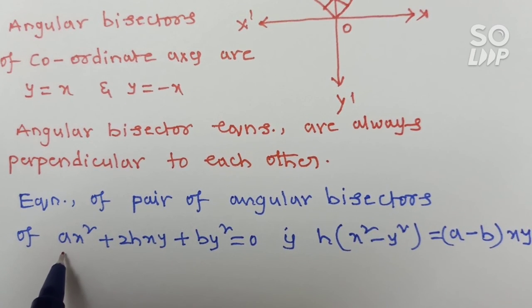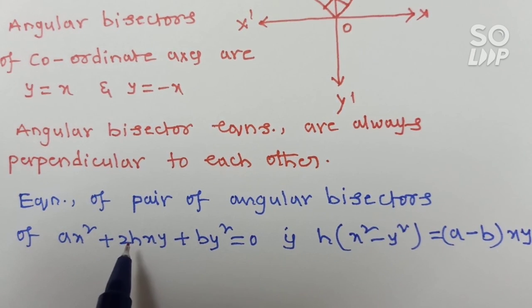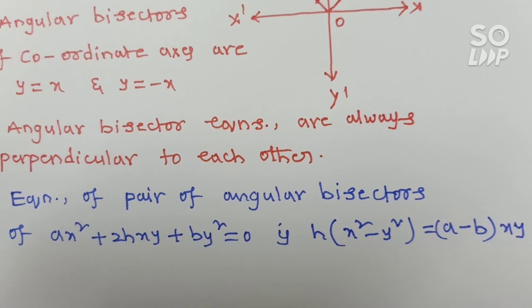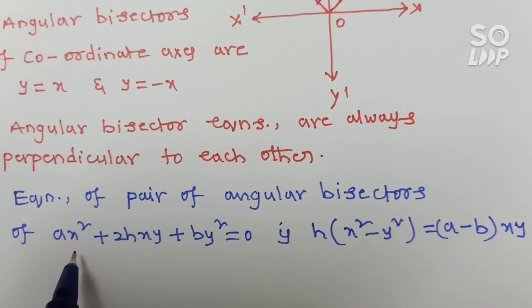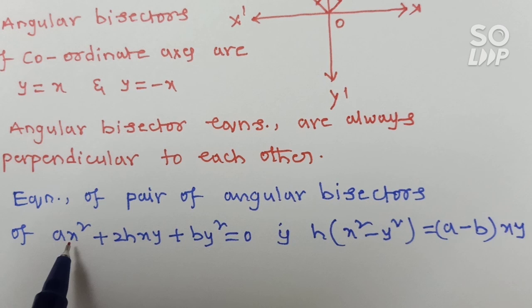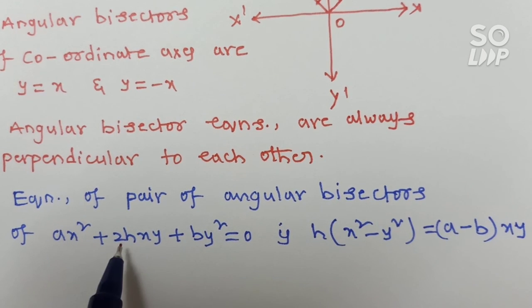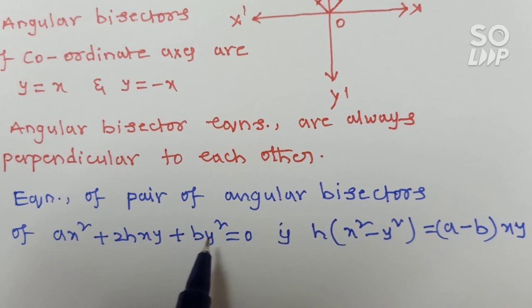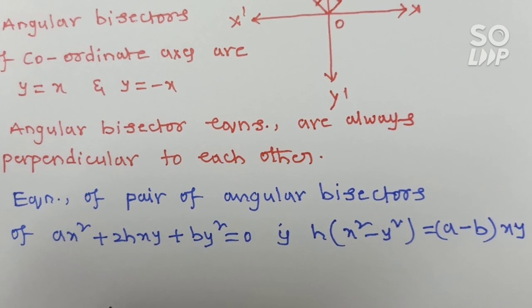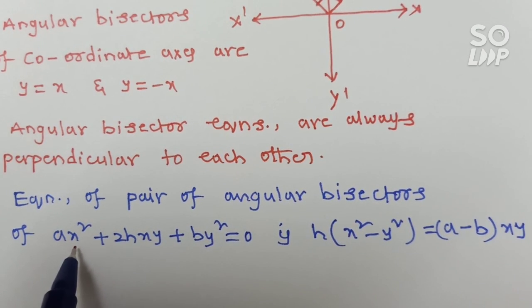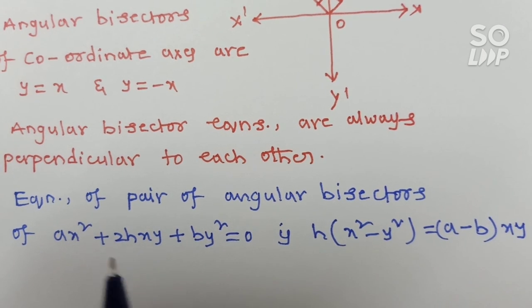Here very clearly this is the homogeneous equation. I hope everybody understood what is meant by a homogeneous equation. If the degree of each term is equal, then it is a homogeneous equation. In the first term, the degree of the variable is 2.